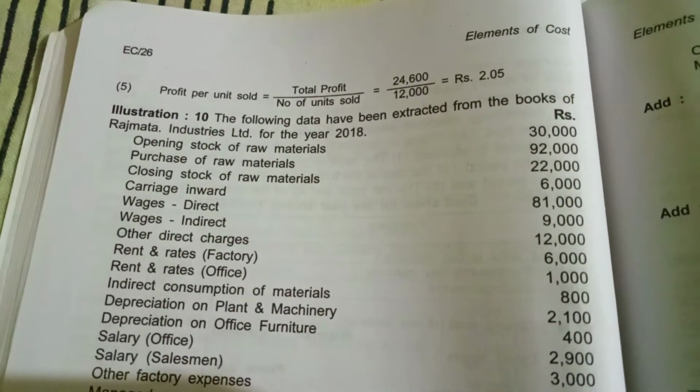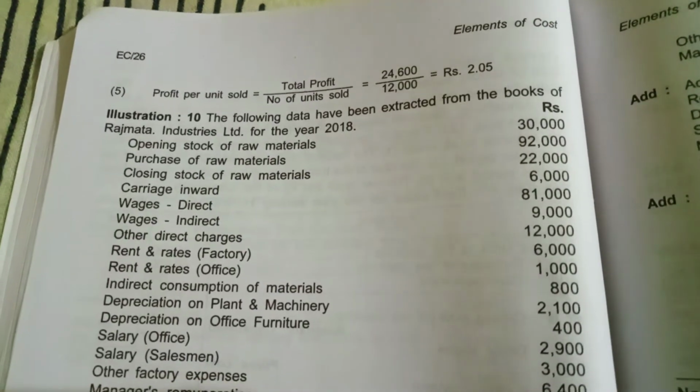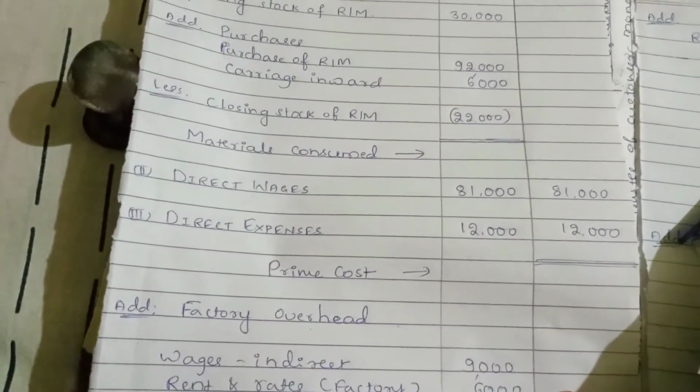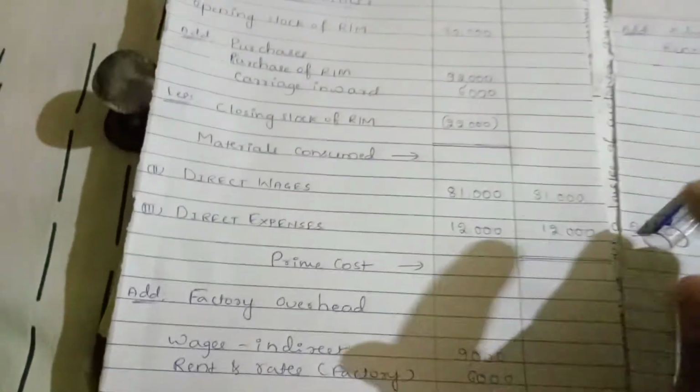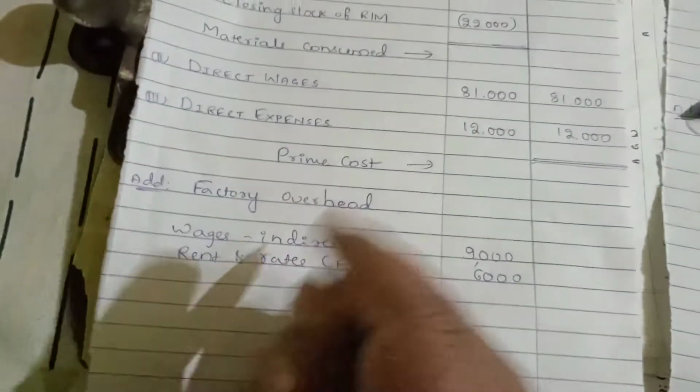Now let us go through indirect consumption of materials. If there is direct consumption, we show it under direct materials, but when it is specifically indirect consumption of materials, it is assigned to the factory overhead.